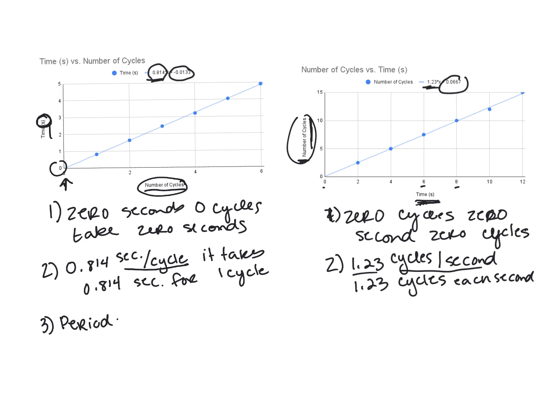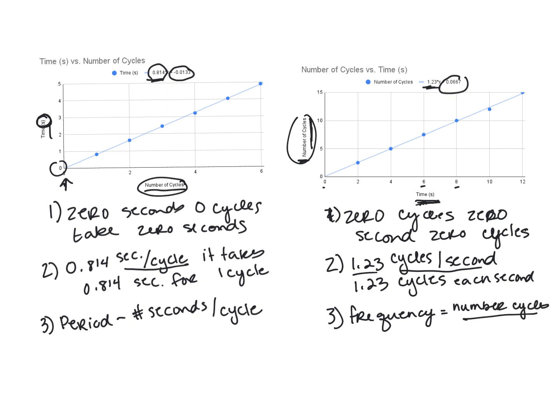So period, because it's number of seconds per cycle. And then you can probably guess on this graph here, the frequency is defined to be the number of cycles for each second.